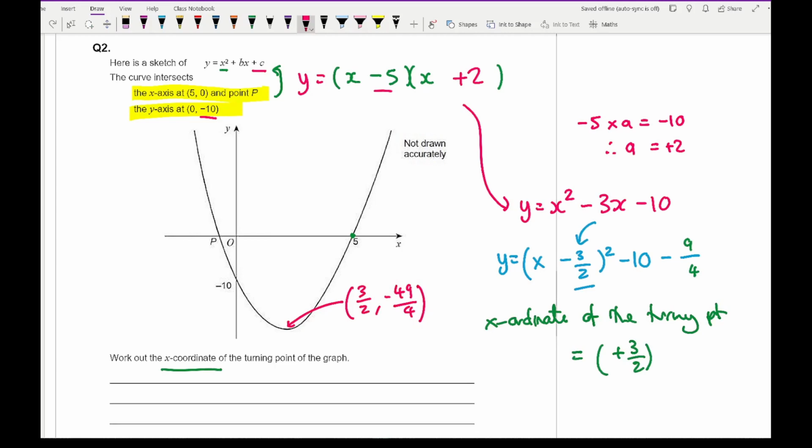But again, it's not essential for you to write down the coordinate because it's only asking for the x ordinate, which is really important that you do read the question and try not to give too much information by guessing the question without reading it properly. So here x equals 3 over 2 or 1.5, whichever floats your boat.